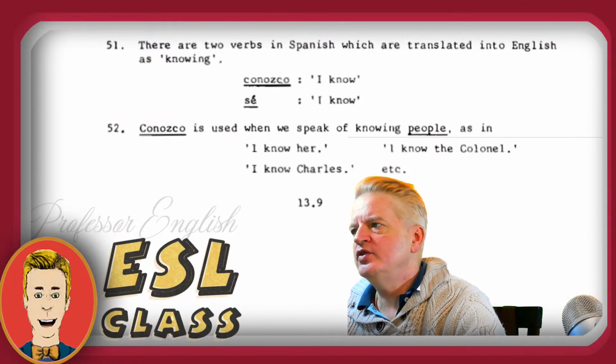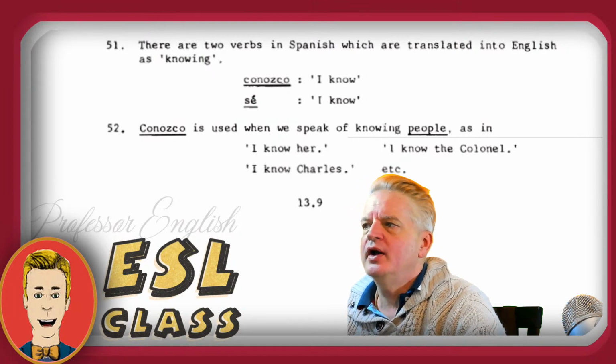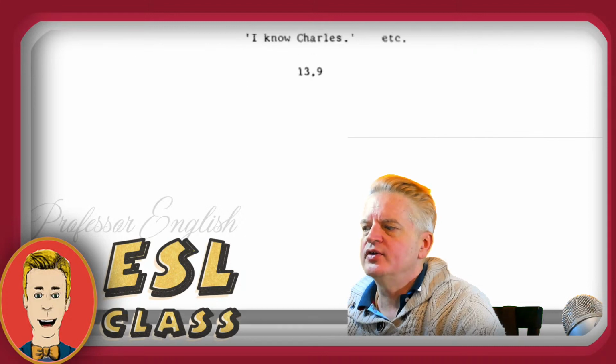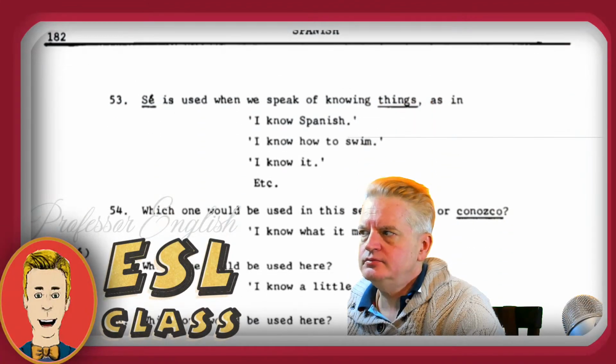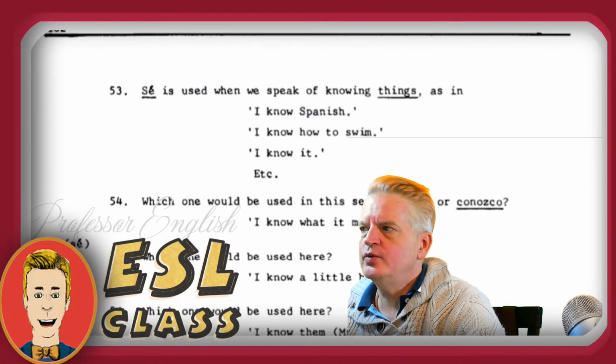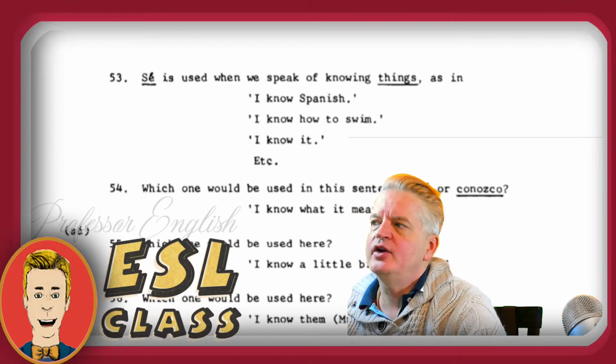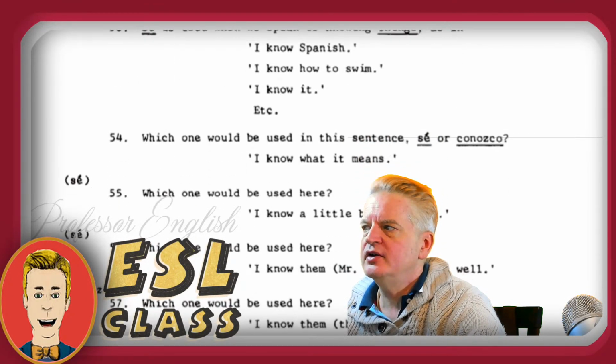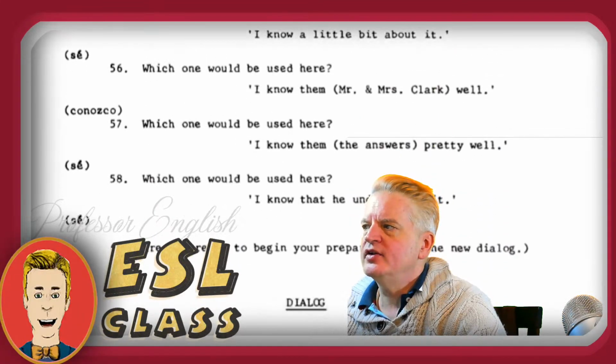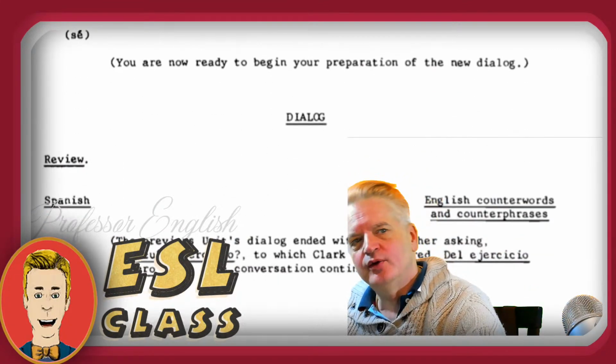Conozco is used when we speak about knowing people, as in I know her, I know the colonel, I know Charles, etc. Sé is used when we speak about knowing things, as in I know Spanish, I know how to swim, I know it. Now they're just doing which one is conozco, which one is sé.